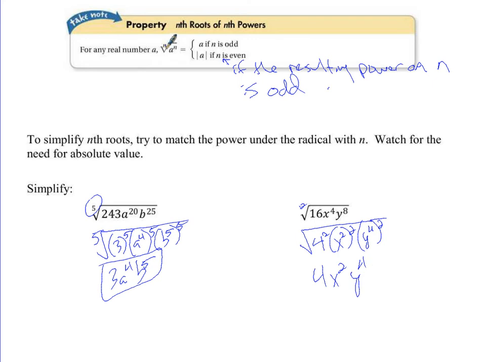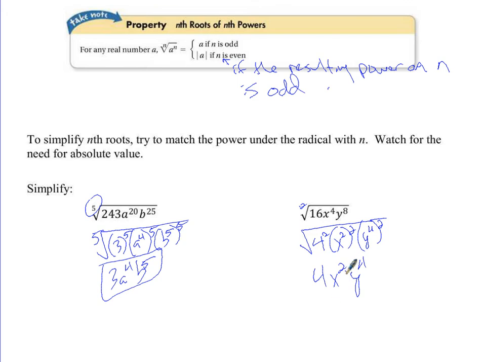It was the even root of an even power. We wound up with an odd exponent here, 4 to the 1st. But we wrote 4. If I put absolute value brackets on 4, am I going to change anything? No, so I don't need absolute value here, but that would be a case where I would need absolute value.